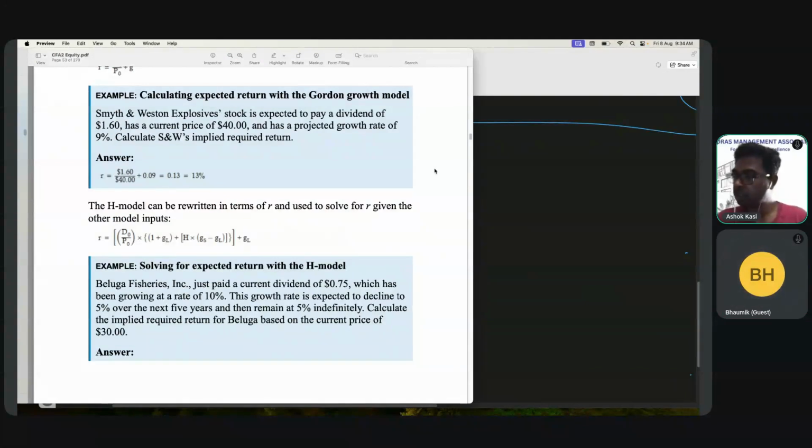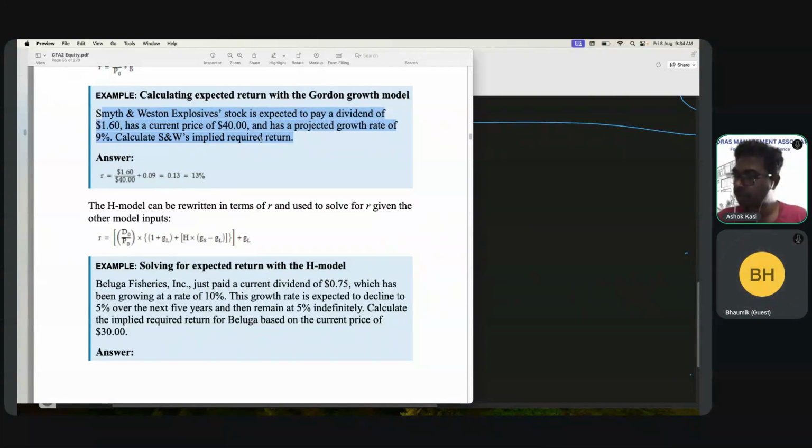Calculating expected return with a Gordon growth model. Smith and Wesson stock is expected to pay a dividend of 1.60, has a current price of 40 and a projected growth rate of 9%.